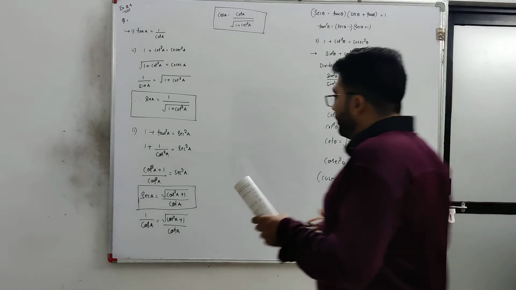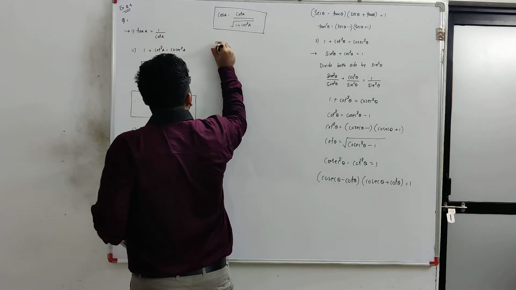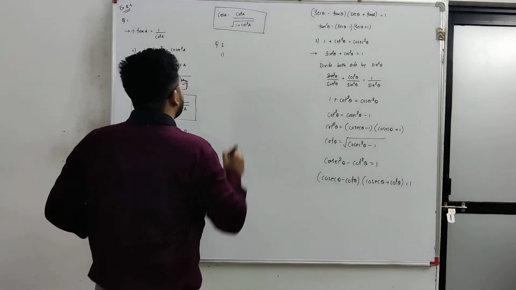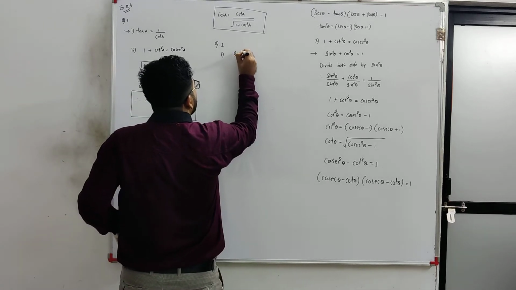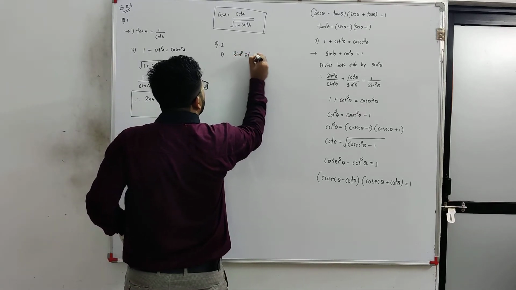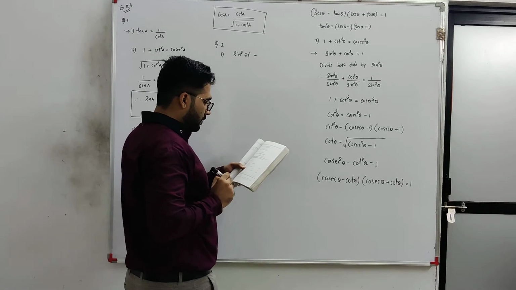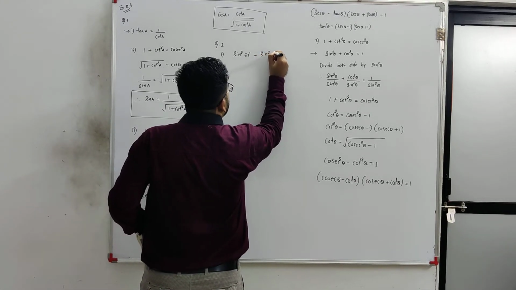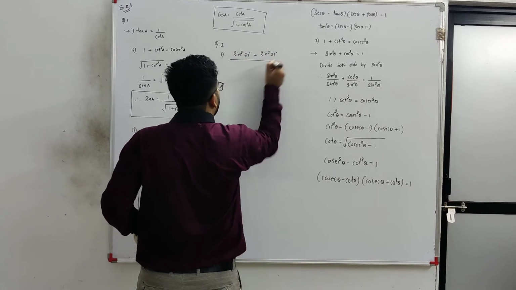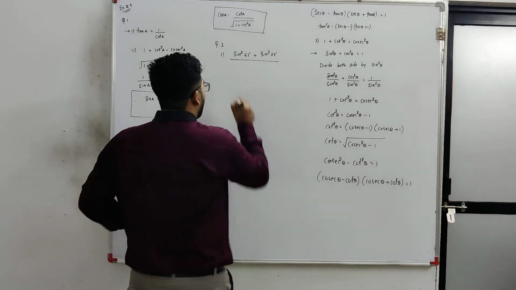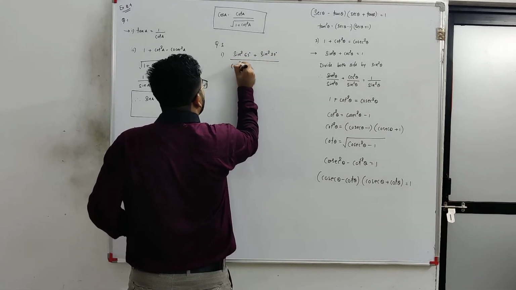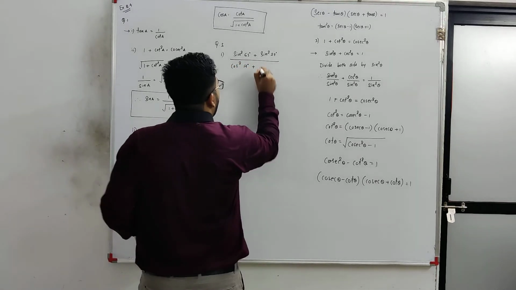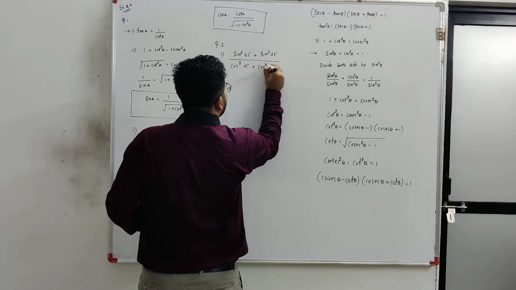Let me see question number 3. First, they have given sine square 63 degree plus sine square 27 degree divided by cos square 17 degree plus cos square 73 degree.